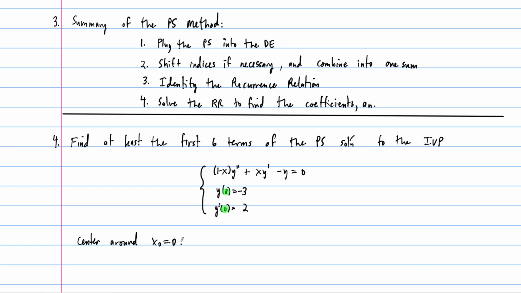And then do the same process, but at the end you can use the initial conditions to solve for a0 and a1. I'm going to give you guys a few minutes to work on that. Pause the video, do the best you can, and then when you come back, we'll work it out together.